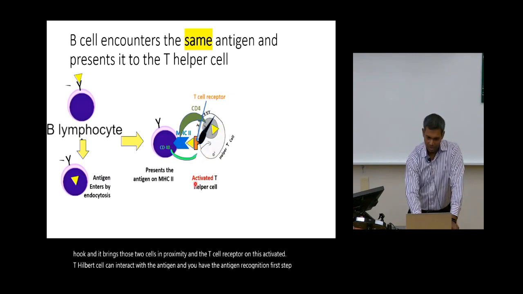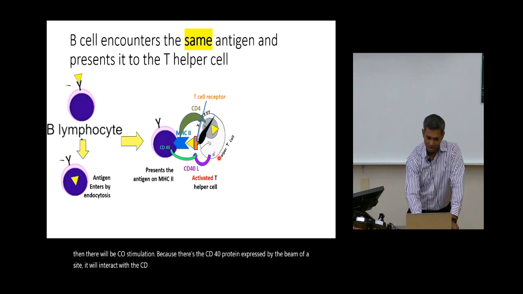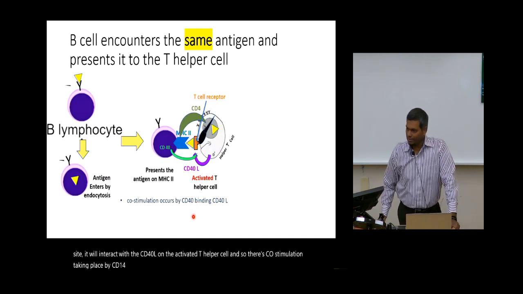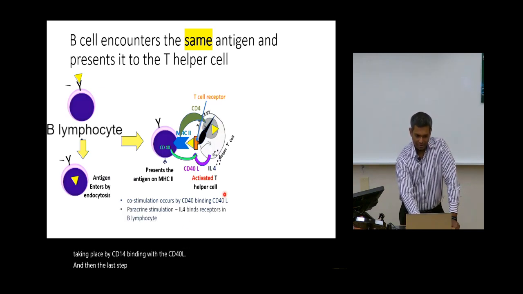And then there will be co-stimulation, because there's the CD40 protein expressed by the B lymphocyte. It will interact with the CD40L on the activated T helper cell, and so there's co-stimulation taking place by CD40 binding with the CD40L. And then the last step will be a paracrine stimulation.